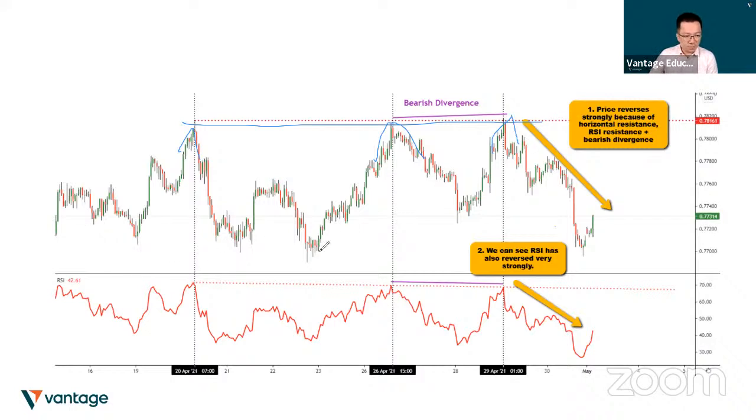A support level would be, in this case just as an example, the bottom level where price has hit and bounced back up, hit and bounced, hit and bounced. That's what we call a support level. So that was support, and that's resistance. That's what we call SNR.